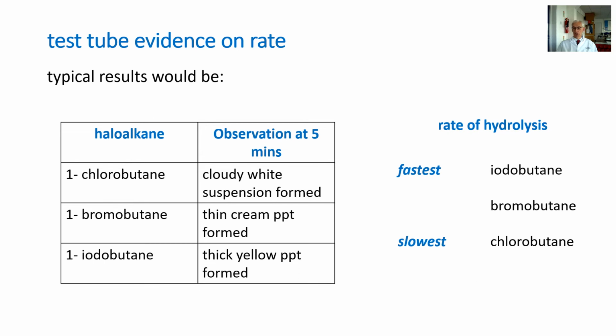And that is justified not on bond polarity, but on the length of the carbon-halogen bond, the strength of the carbon-halogen bond. The longer the bond, the weaker the bond, the faster the hydrolysis. And if you look at the mechanism, you can see that that carbon-halogen bond has to be broken.